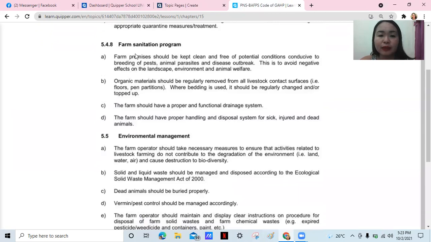For the farm sanitation program naman, the farm premise should be kept clean and free of potential conditions conducive to breeding of pests and animal parasites and disease outbreak, to avoid negative effects on the landscape environment and also on the animal welfare as a whole. And organic materials should be regularly removed from all livestock contact surfaces, floors, pen partitions, and where bedding is used, there is really bedding, no? It should be regularly changed or topped up, no?